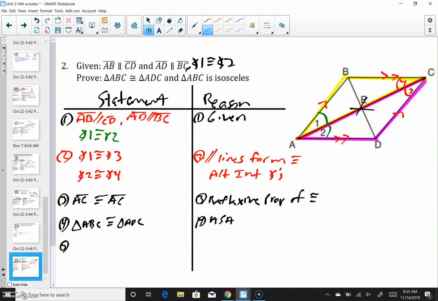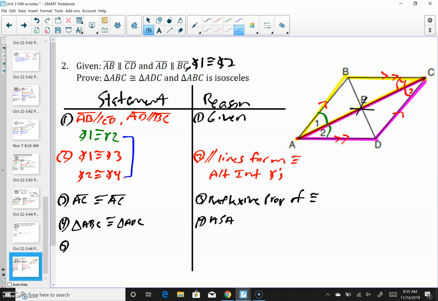Now here's the thing. Usually we see CPCTC in these proofs. However, you can see they want us to prove that triangle ABC, the top yellow one, is isosceles. Well, if you look at all our hooks, all of our angles have one hook on them. However, 1 and 4 are the base angles, but we have no statement right now that says angle 1 is congruent to angle 4. So we need to look at this part of our proof.